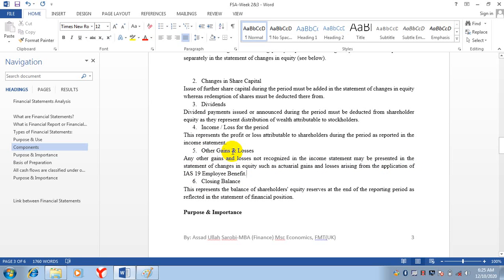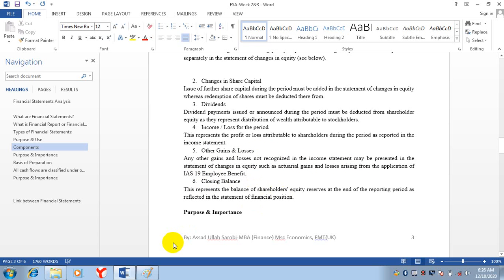That type of gains and losses that we are not showing in the income statement, we will add or deduct. If it is a gain, we will add it in the statement of shareholders' equity, and if it is a loss, then we will deduct it.